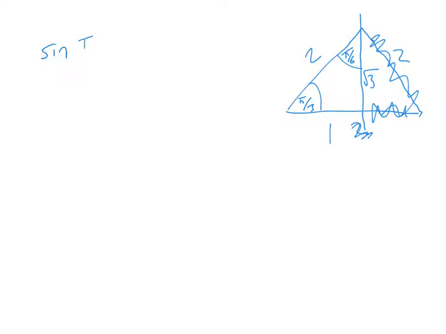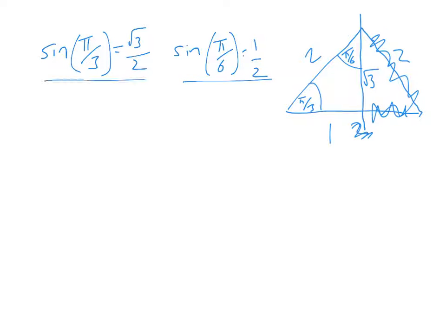So sine of pi over 3, opposite over hypotenuse, is root 3 over 2. Sine of pi over 6 is 1 over 2, a half. So there you go.